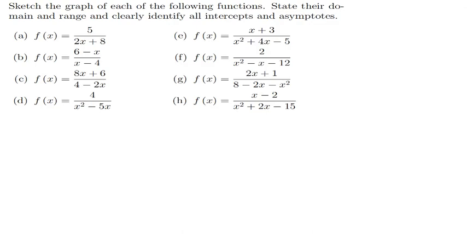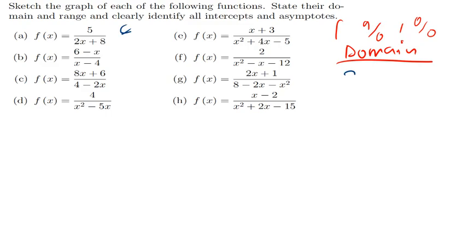You need to understand and know how to find the domain. How do we find the domain of a rational function? A rational function can never be a over 0 or 0 over 0. I can never have 0 on the denominator. Therefore, to find the domain of any rational function, get what is on the denominator. Now we are solving part A, which is 2x plus 8 not equal to 0.